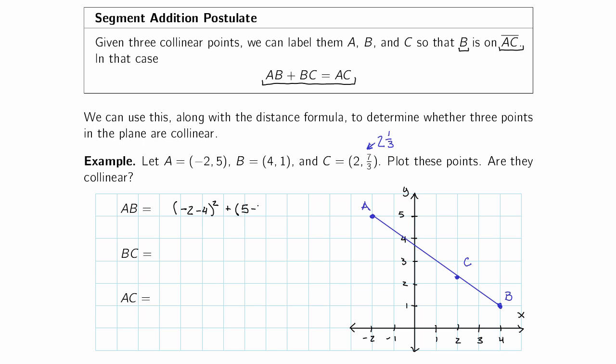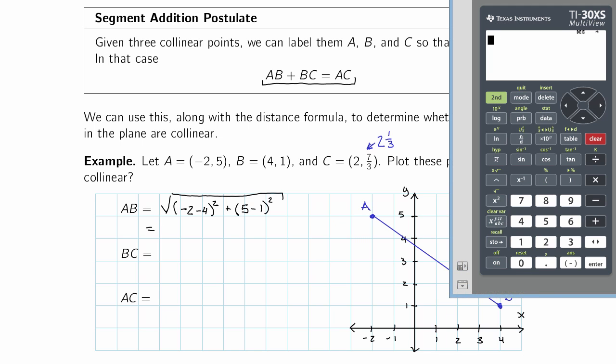So for AB, that'll be 5 minus 1, and square it. And then we take the square root. So we'll use the calculator for this. We'll have -2 minus 4 squared plus 5 minus 1 squared. So this will be square root 52.